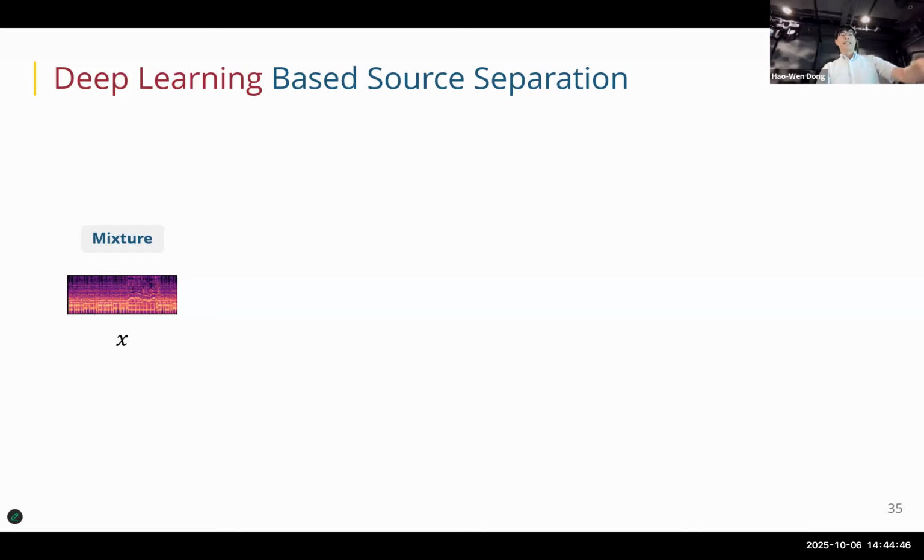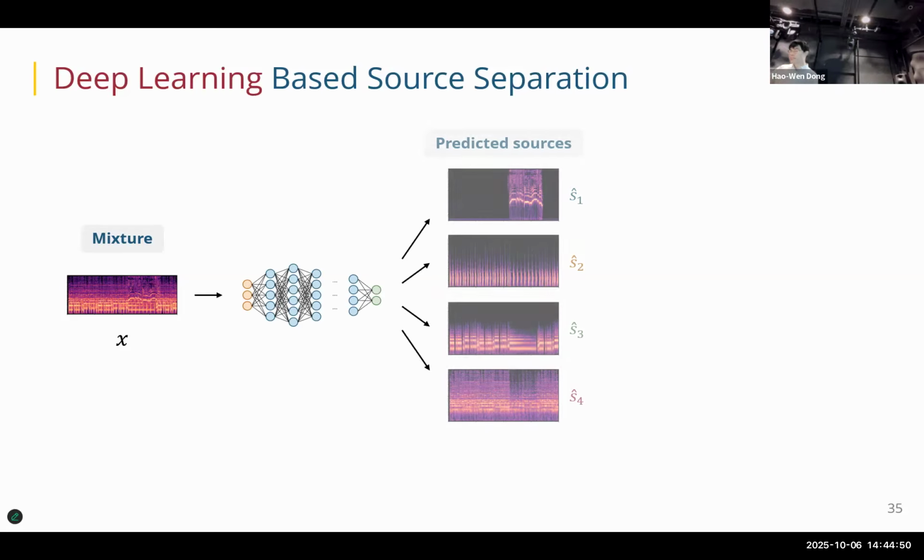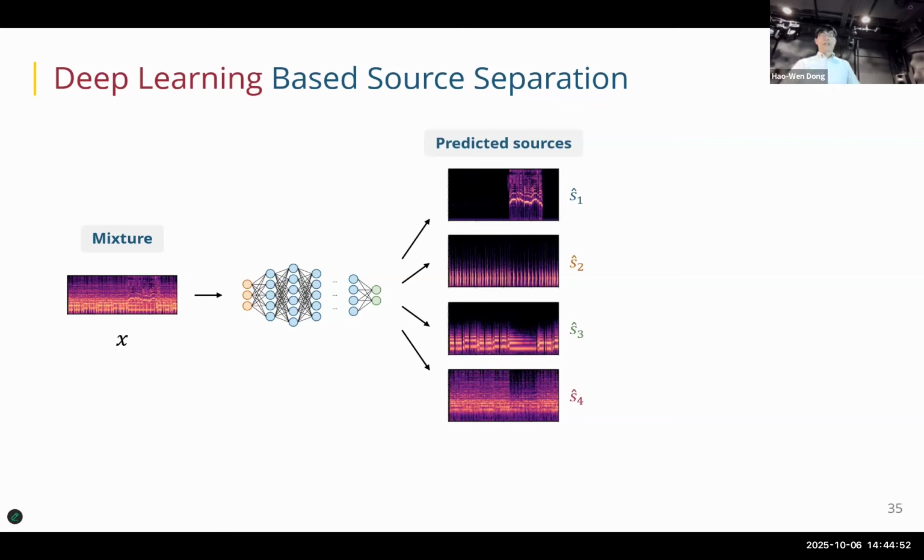But the basic idea is that now we don't do all this median filtering, signal processing stuff. We basically just want to map directly from this mixture spectrogram all the way to the predicted sources using a neural network.